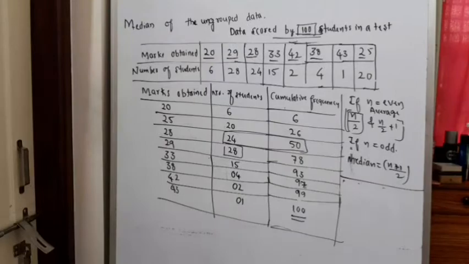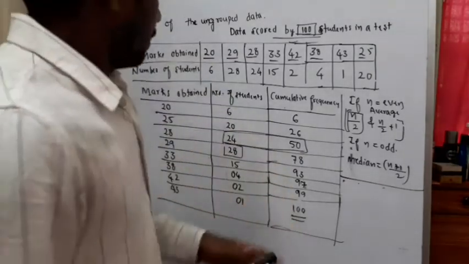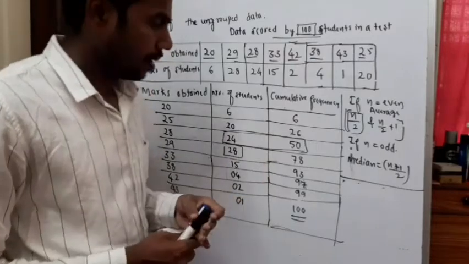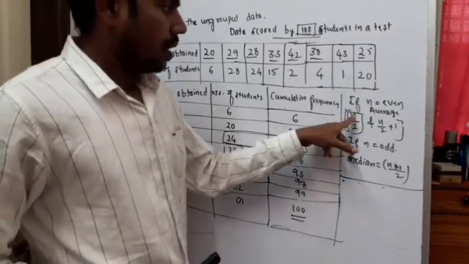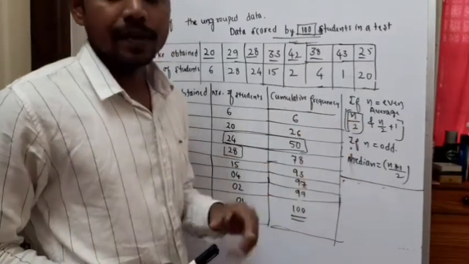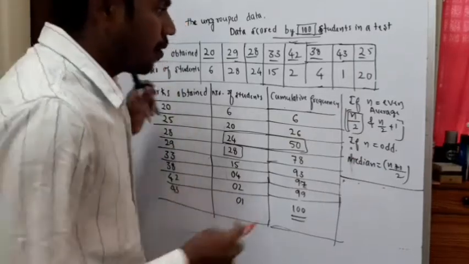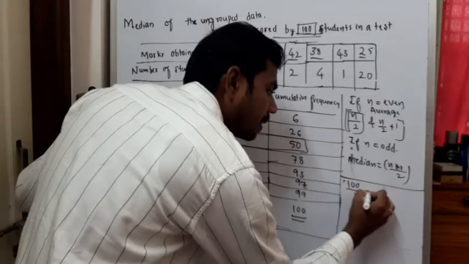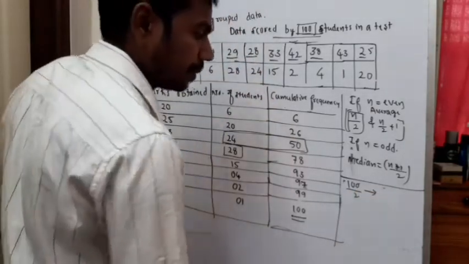So now we'll find the median. See, n here is 100, which is nothing but the total frequency. And what is n by 2? 100 divided by 2 is nothing but 50.